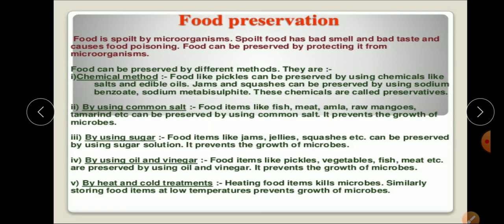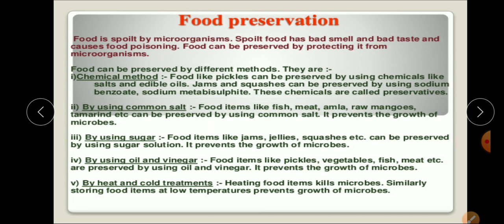So it is very important that we preserve food to prevent it from being spoiled. If food poisoning is causing serious illness and even death, we have to be very careful.